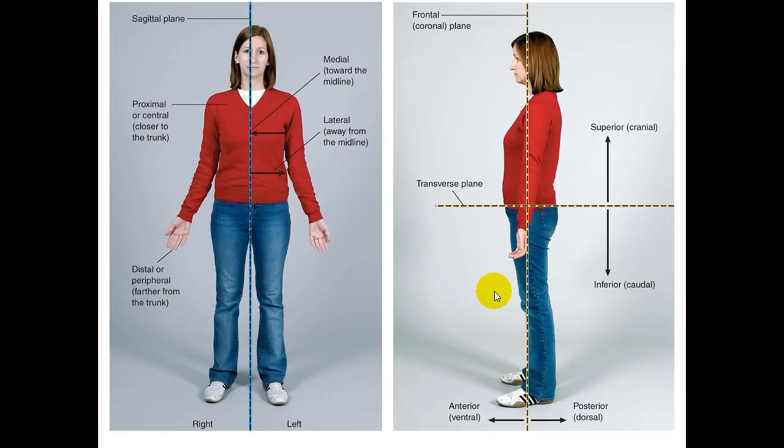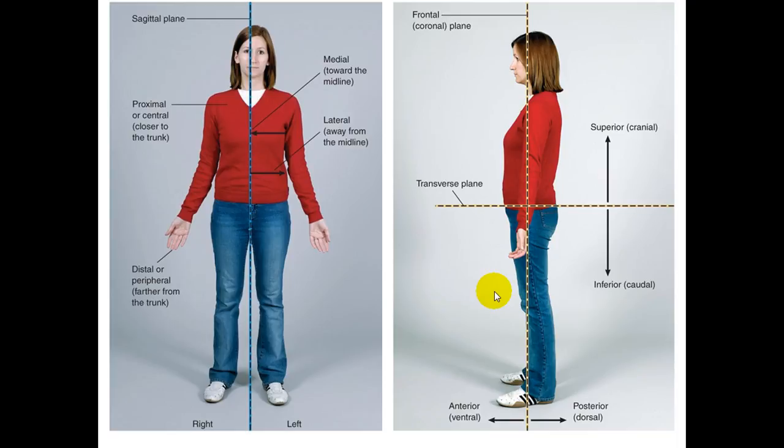Here are some diagrams depicting these planes. You can see the sagittal plane runs right down the midline. Mesial is very close to that midline. Lateral is further away from the midline. Distal or peripheral are as far away from the trunk, and those would include toes and fingers. Proximal or center, closer to the trunk.